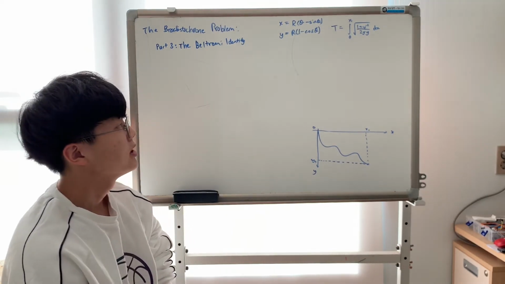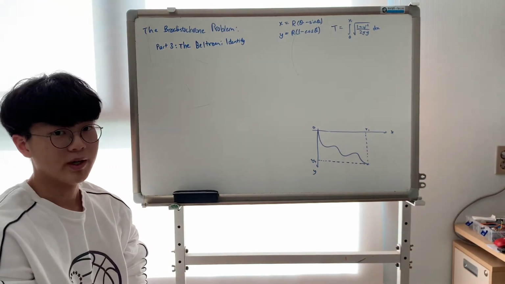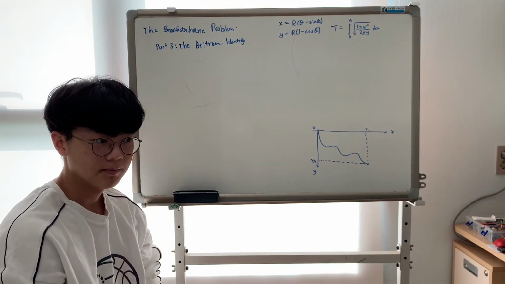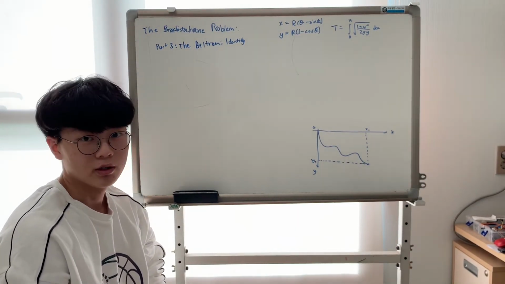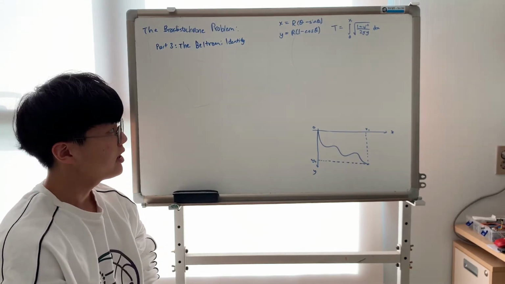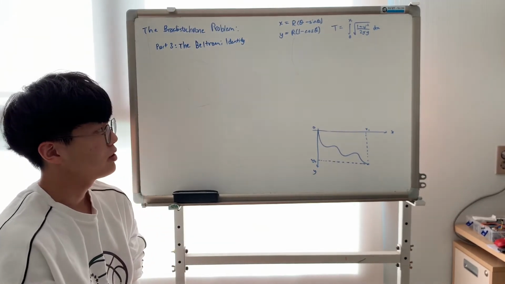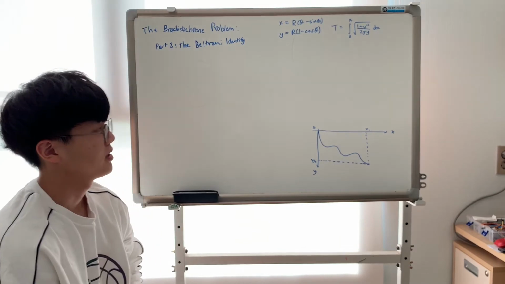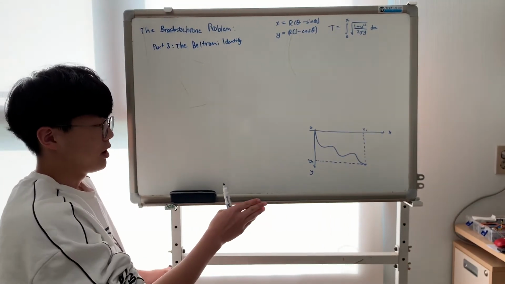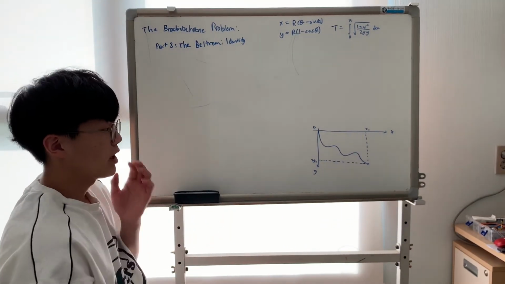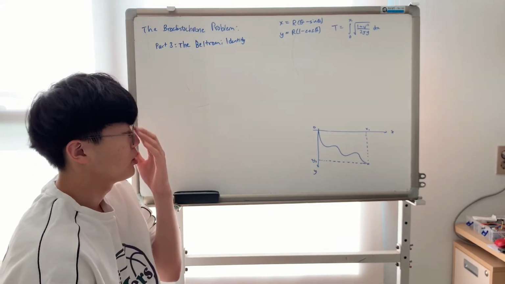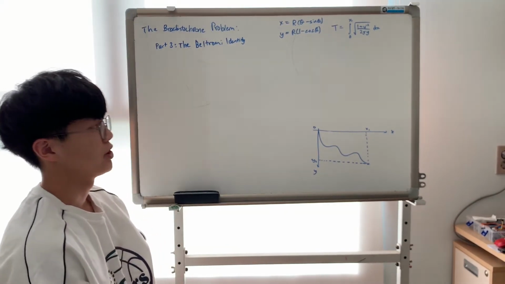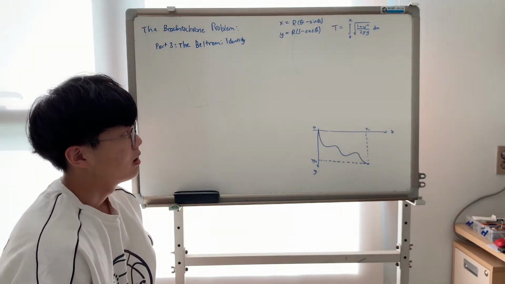So we need some way to alter the Euler-Lagrange equation and then input time into it to get a simpler version. And in the process of deriving the Beltrami identity, you get to know why using the raw form of the Euler-Lagrange equation won't be possible.